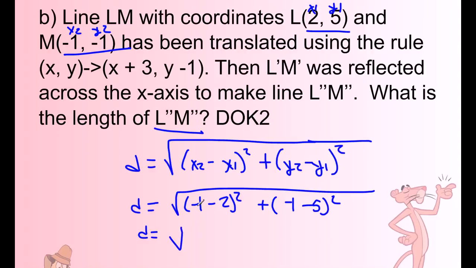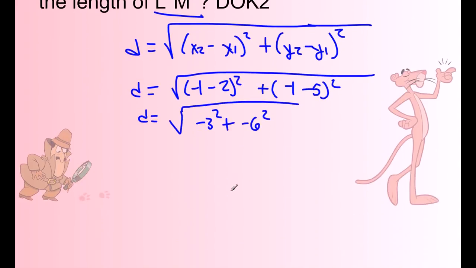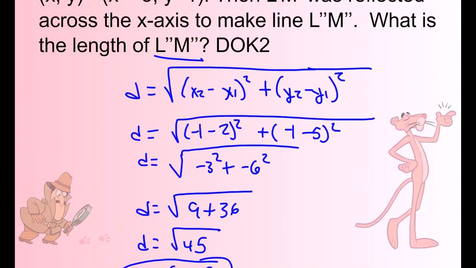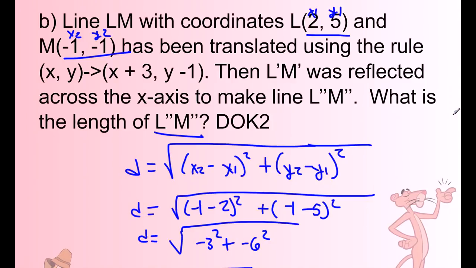Let's see, that's negative 3 squared plus negative 6 squared. D equals the square root of 9 plus 36. D equals the square root of 45. And would you look at that, we're going to get that same 6.708 answer. Because it was a rigid transformation.